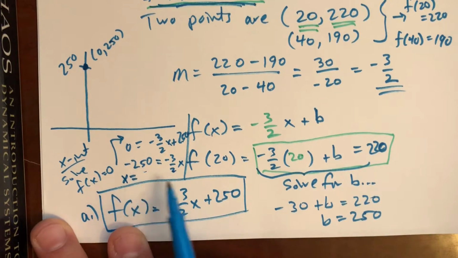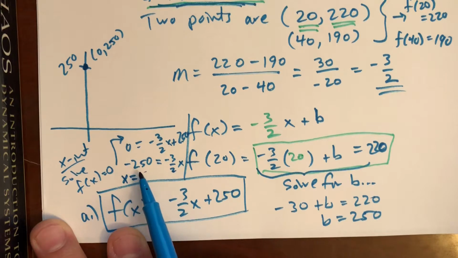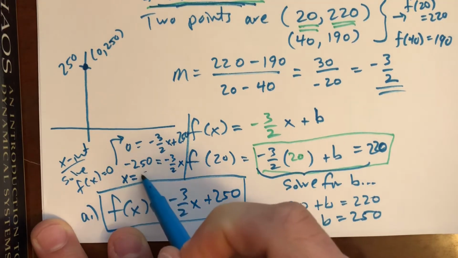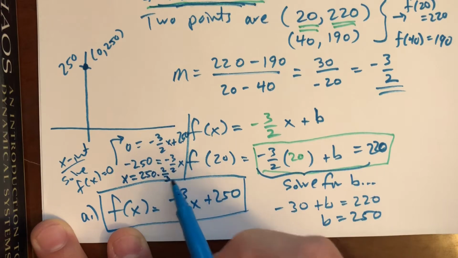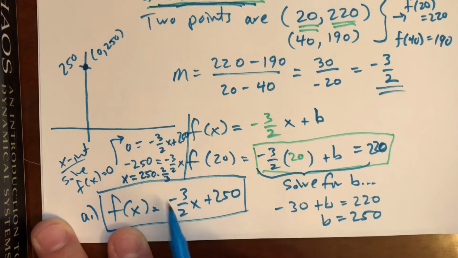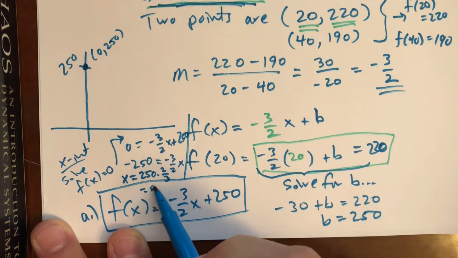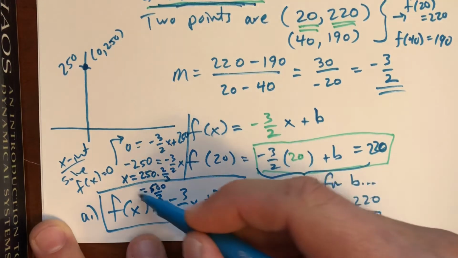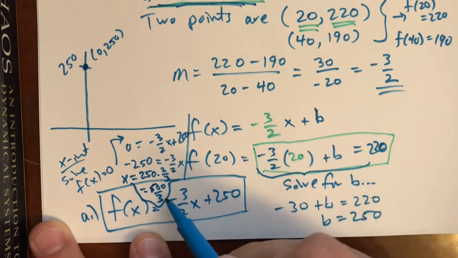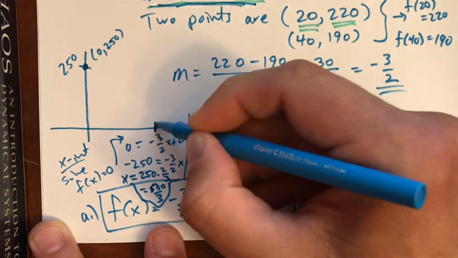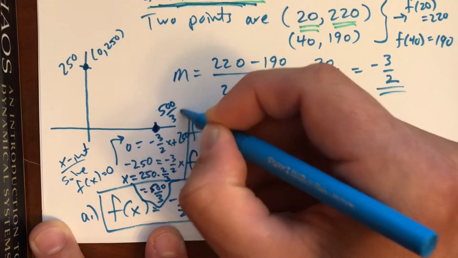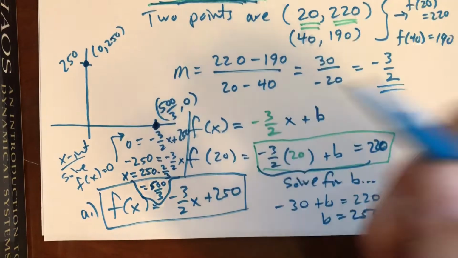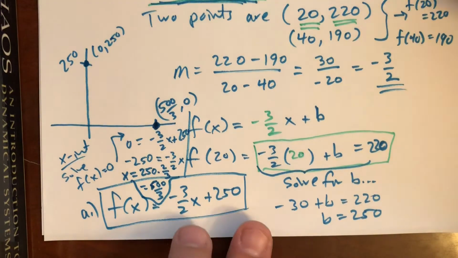We wanted to say what x would be: 250 times 2/3, which is 500 over 3. We're pretty well scrunched up there, but we found the x-intercept, and it's over here: (500/3, 0). That's probably good enough.